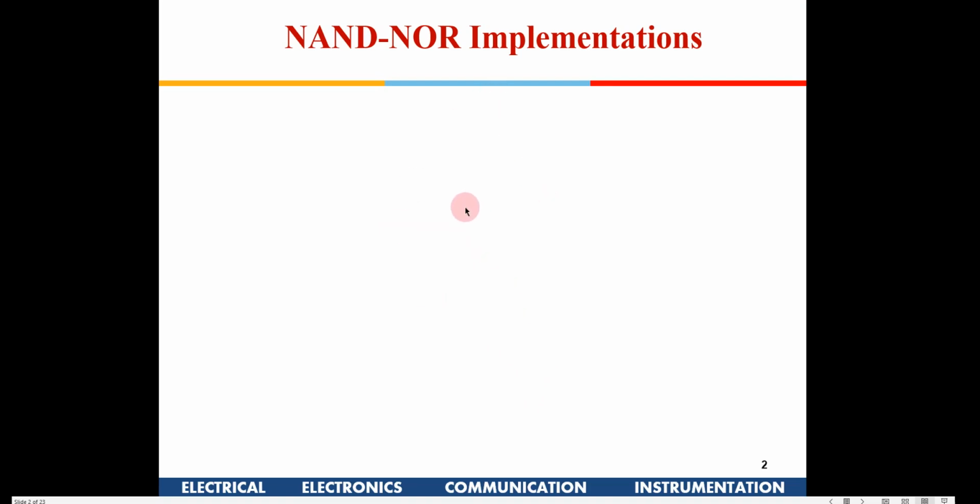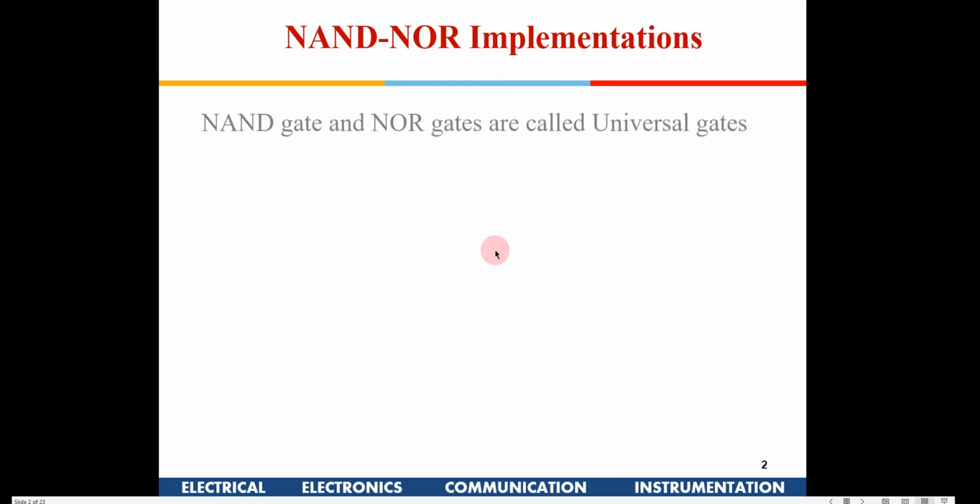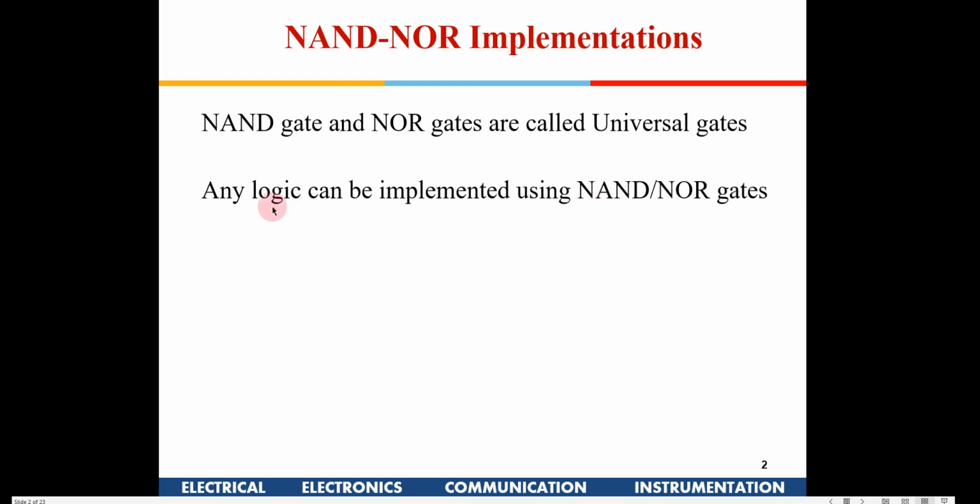So NAND and NOR gates are known as universal gates. They are known as universal gates because any other gate can be synthesized using a NAND or NOR gate, especially for CMOS. All other logic can be implemented using NAND and NOR gates.